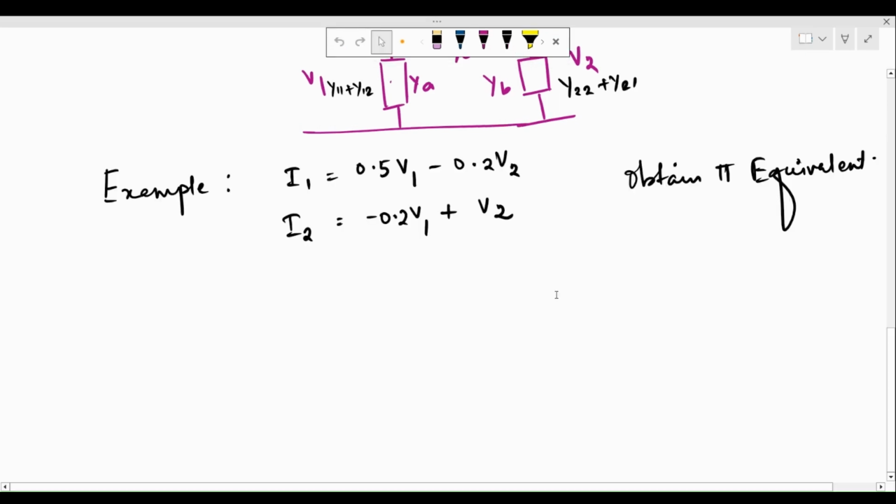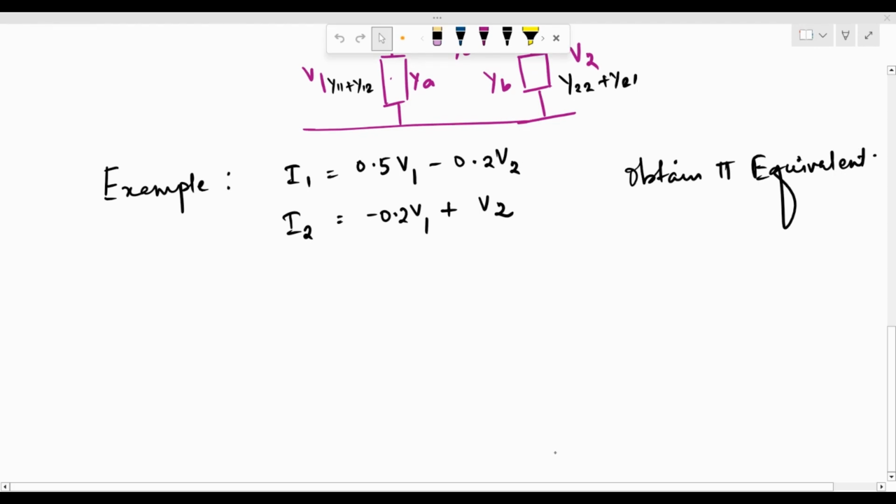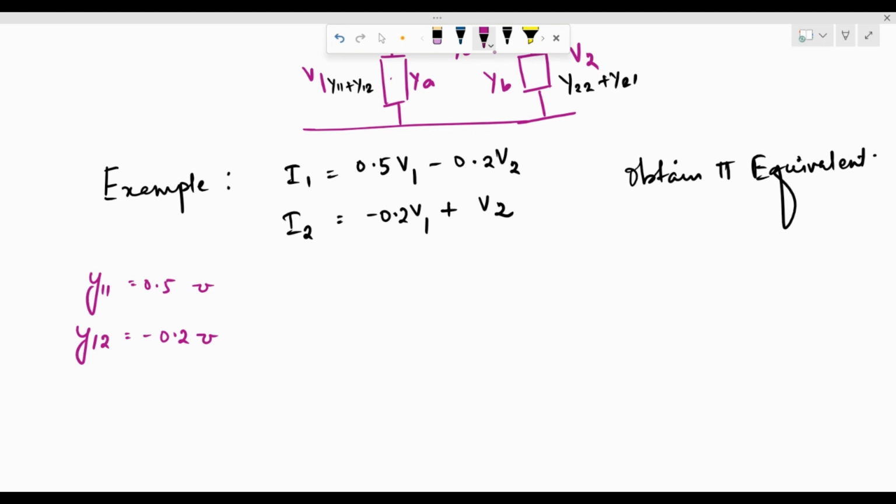So say this is how the question goes. We've been given the equations for the two-port network. Looking at these equations, since the left-hand side is currents, these values are going to be y parameters, right? So from the equations, we can see that y11 is 0.5, y12 is minus 0.2 mho, y21 is minus 0.2 mho, and y22 is 1.